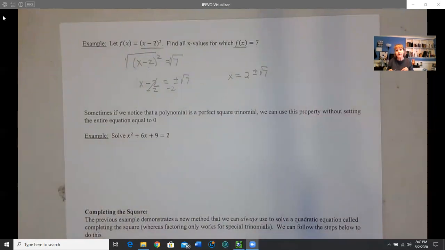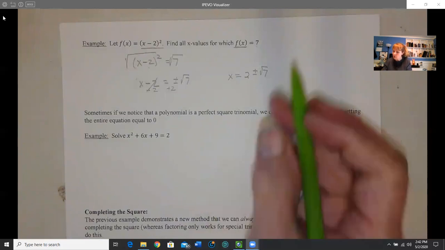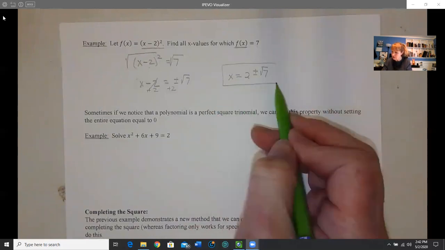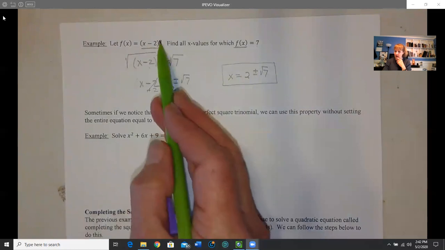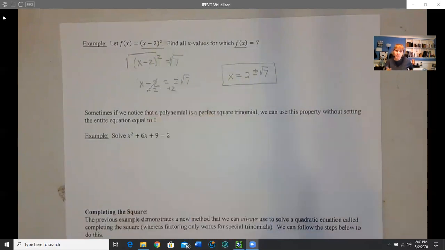So in other words, my answer is 2 plus the square root of 7, and 2 minus the square root of 7. It's just a lot easier to write it using that plus or minus symbol. But you do have two solutions. Again, we had a highest power of 2, so if we were to multiply that out using the FOIL method, we knew we needed 2 solutions.